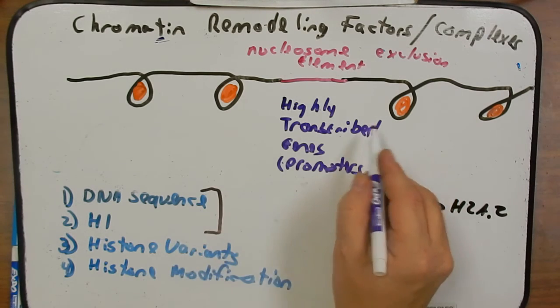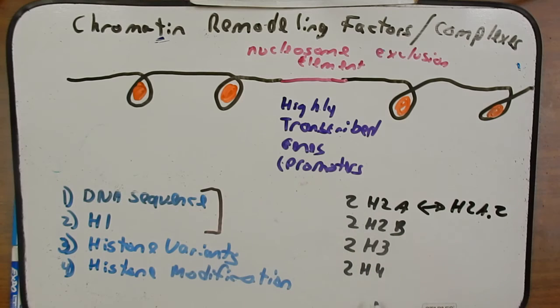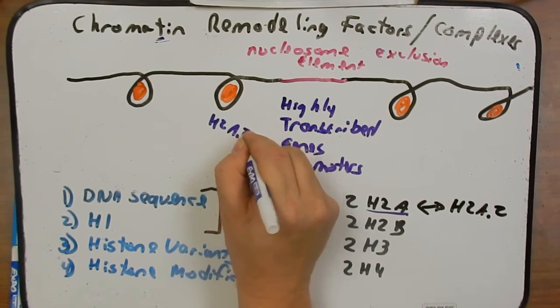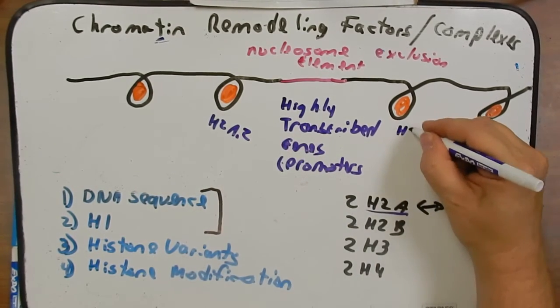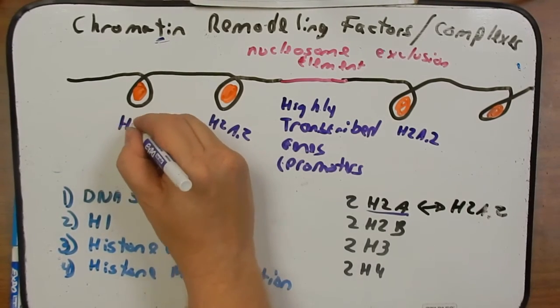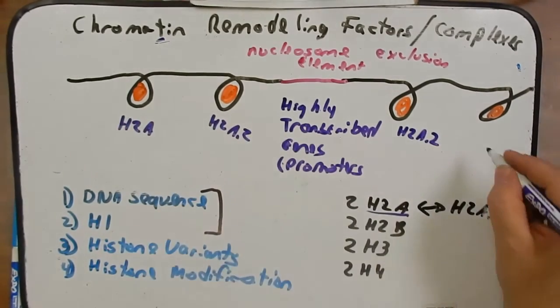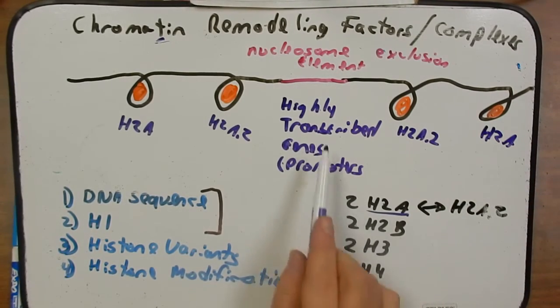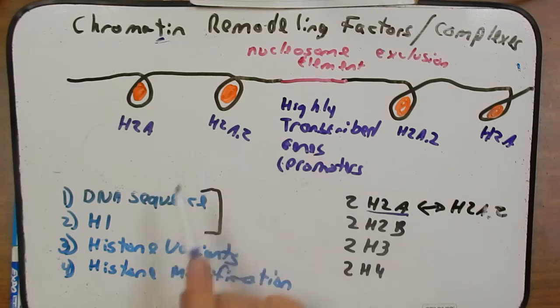So in the histones here, they have all of these histone proteins except H2A. Instead of H2A, they have H2AZ on both sides. And then you just go one nucleosome over and you're back to good old H2A. So it's only in the regions next to this nucleosome exclusion element.